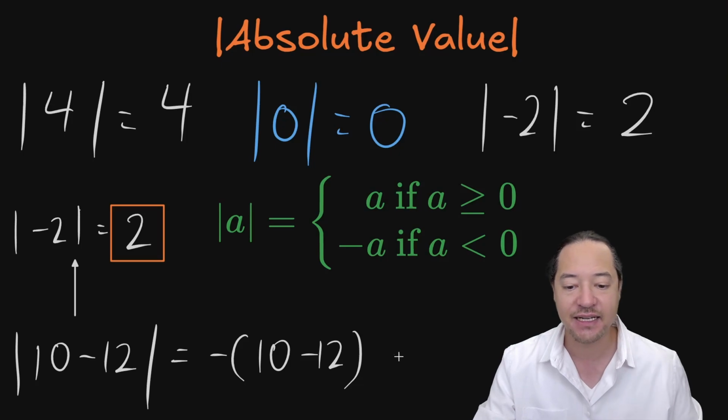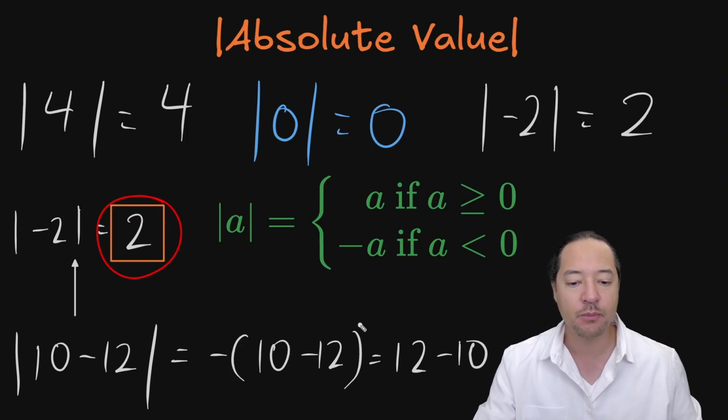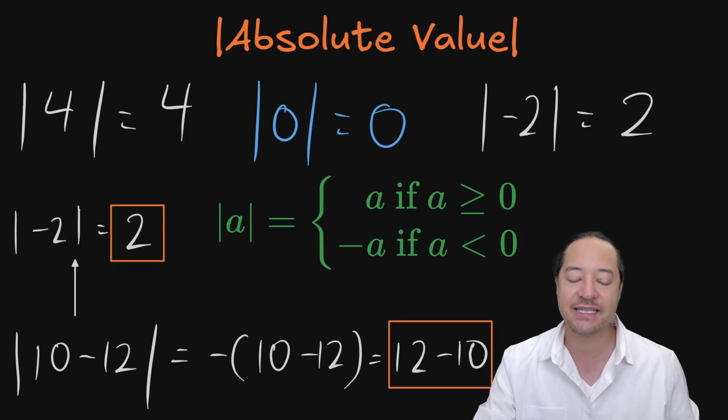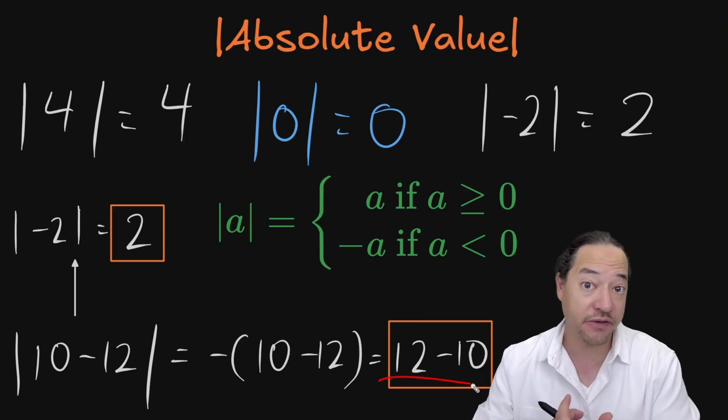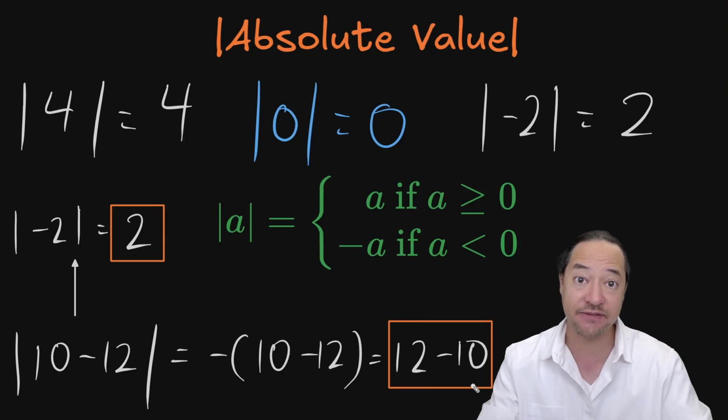Just have to negate it. And so if I do that, I can rearrange things here and I can make this the same as 12 minus 10. And of course, this will equal 2. So I will get the same answer. But it's interesting just to note that you can get a new expression here where the terms are reversed. So that happens if that original expression is a negative value.